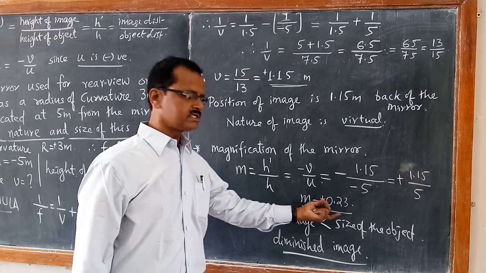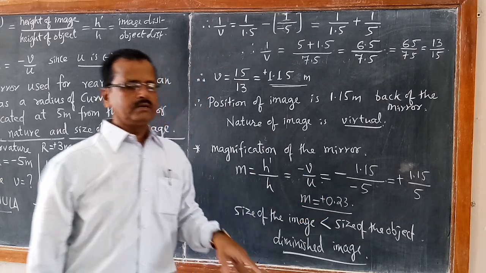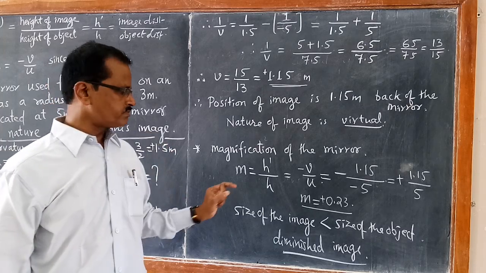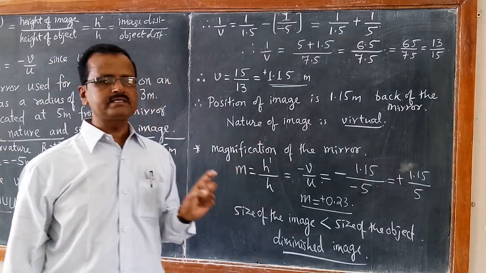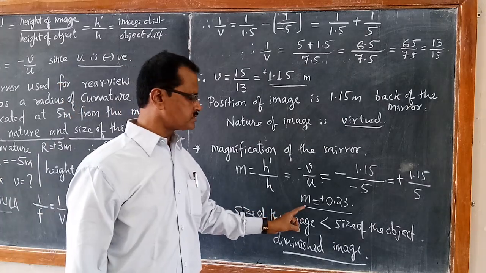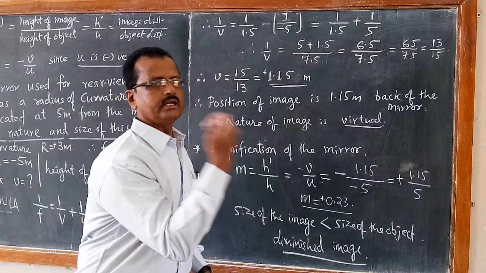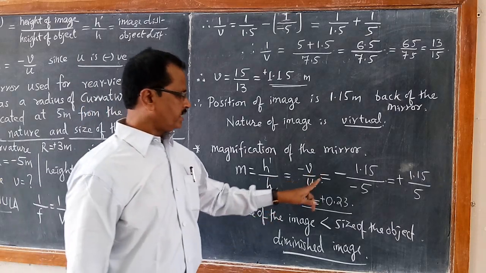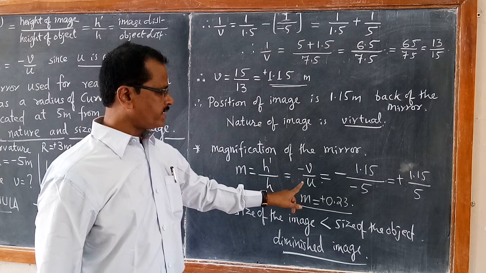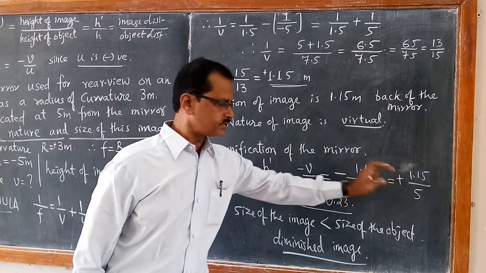See here, magnification is positive. Remember one more thing, magnification for convex mirror is always positive, whereas magnification for concave mirror is negative, because convex mirror always forms the image on the other side. Therefore the h dash is always positive. So here v by u, if you take, it becomes positive.